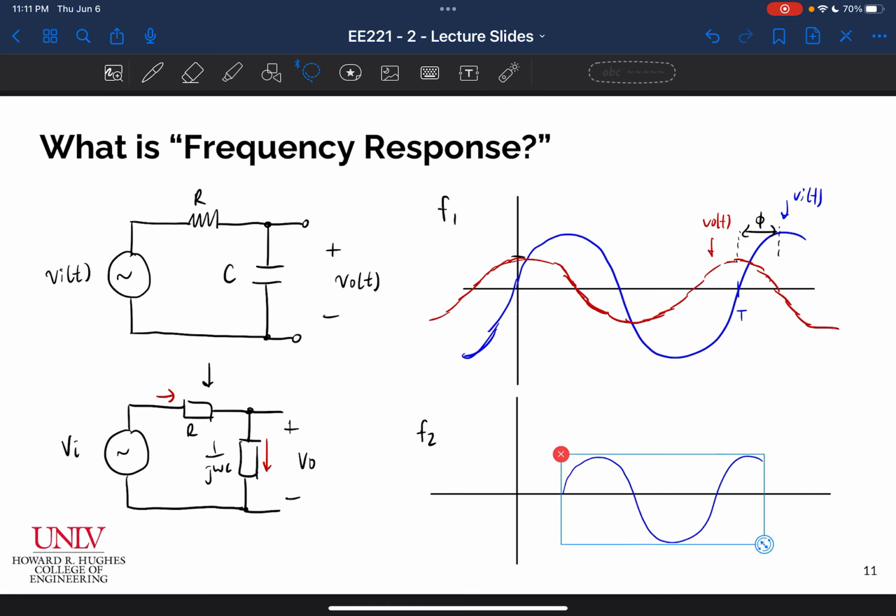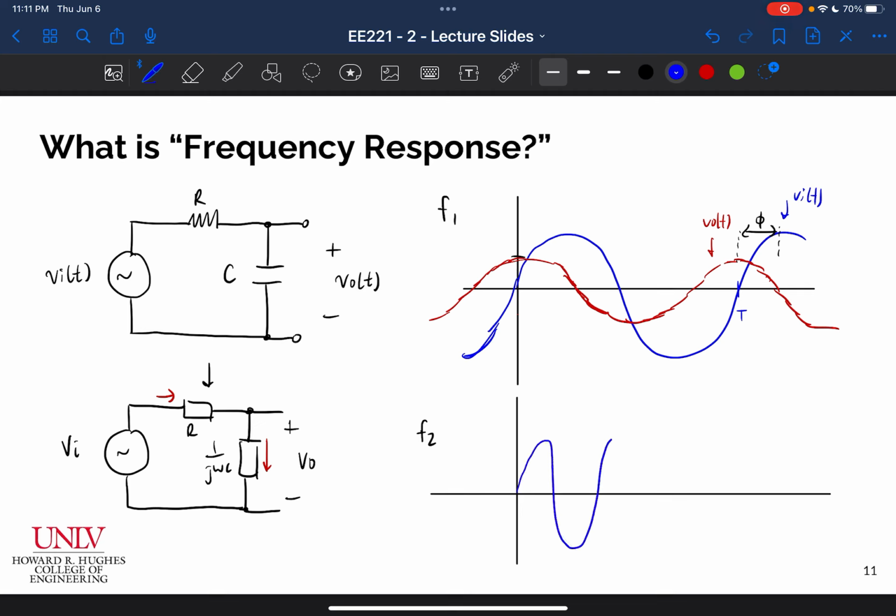Can I squish it? No, I can't. Dang it. Okay, so I'm just going to have to draw it. So not the exact same input. It's going to be F2, which is some signal that's even faster than F1. So it's doing something like this. So this is at a much higher frequency. Same circuit, I would get a new magnitude, something like this.